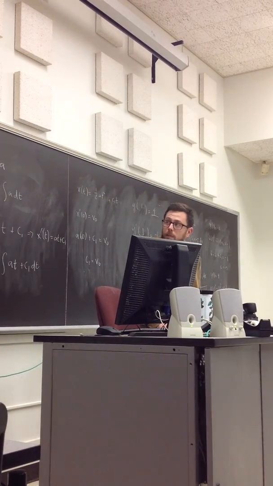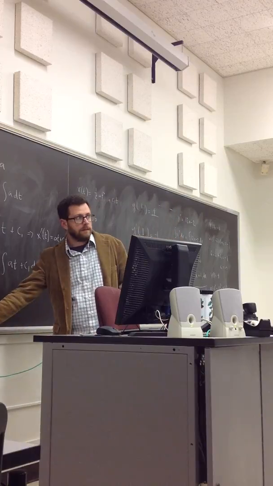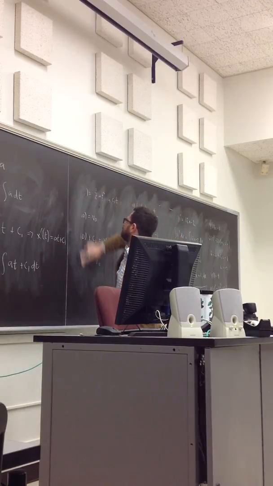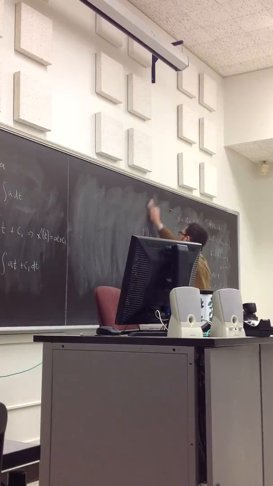So we're going to restrict the most general form of a first-order equation to something more specific and something which we can work with. And the first is separable equations.